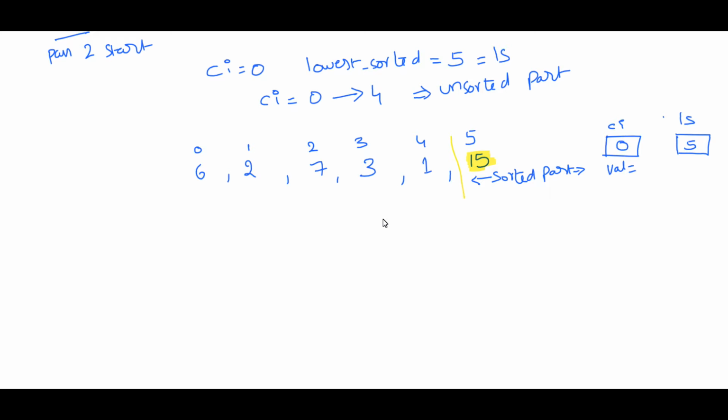So our CI one has a value of 6, and we'll do what we've always been doing, which is we're going to compare 6 with position 2, and as you know, 6 is greater than 2, so we have a true. We will be swapping 6 and 2. So we would end up with the array looking like this.